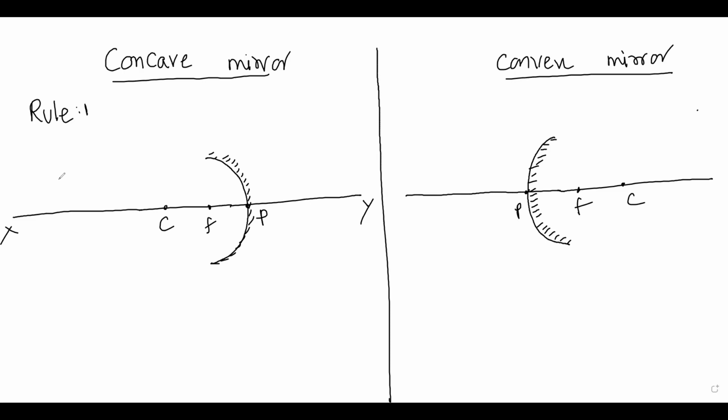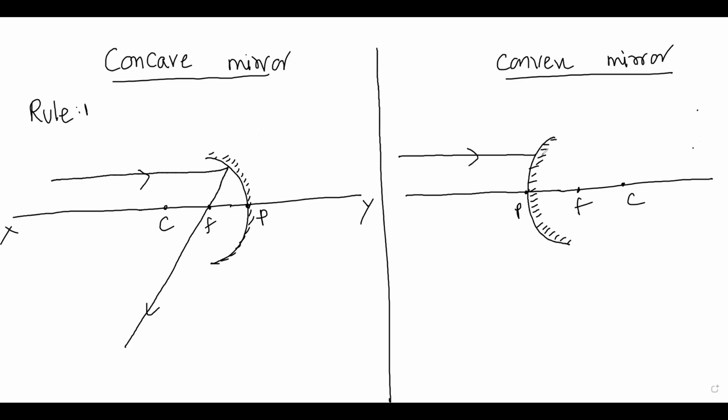A ray parallel to the principal axis. Here also a ray parallel to the principal axis. In case of a concave mirror, after reflection, the ray passes through the focus.